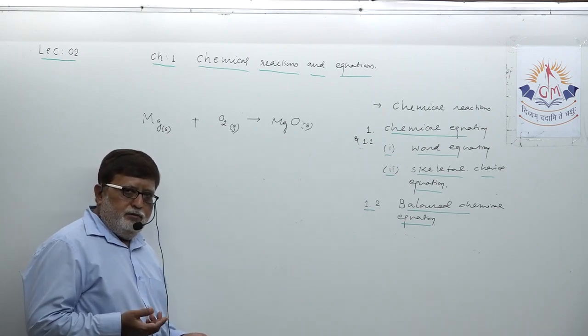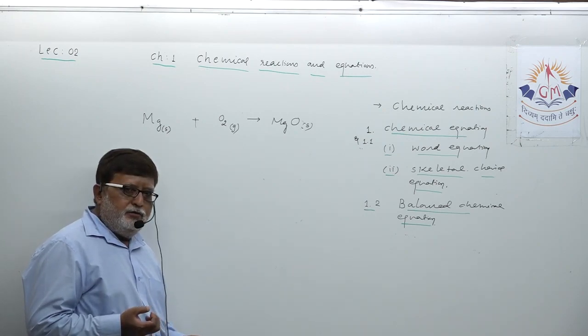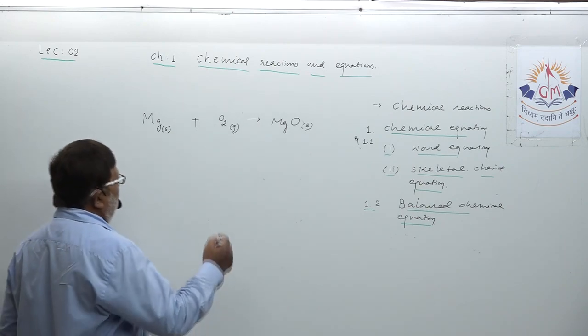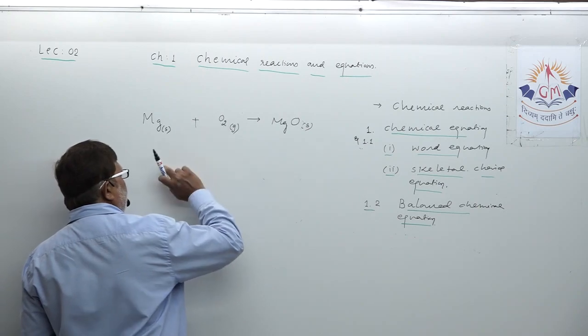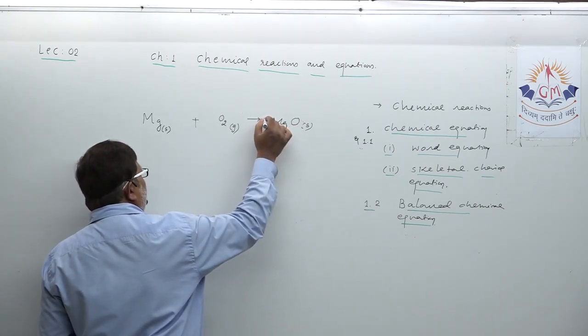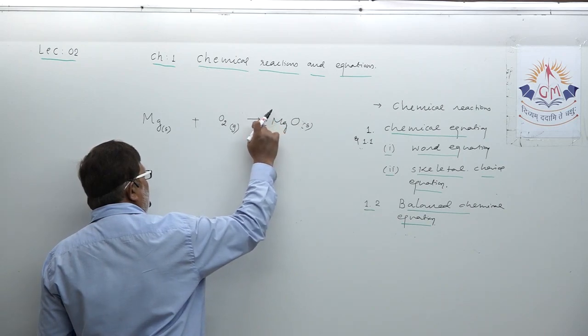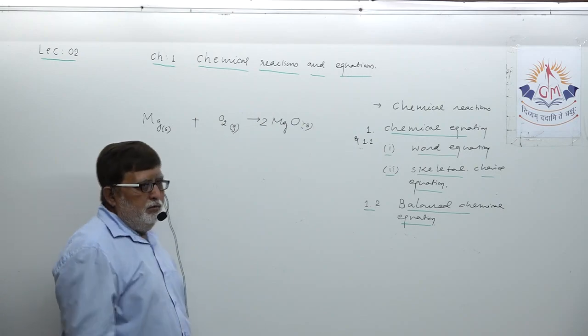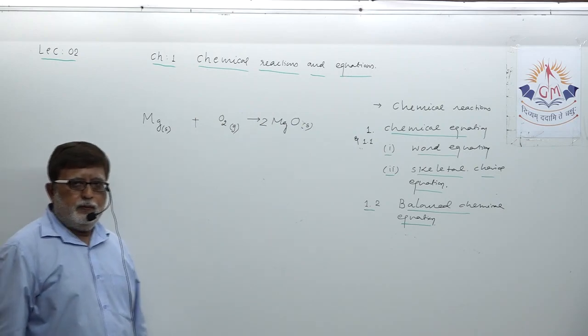So you cannot change the symbol, but at least you can make a change in coefficient. Here are two oxygen atoms. If I want to make it 2 here, I can put this coefficient 2. Now there are 2 oxygen atoms on both sides.